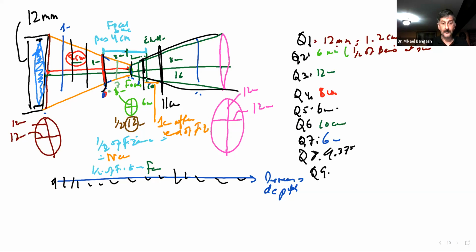Because what is the diameter of the beam at a distance 1 centimeter behind or after the end of the focal zone? Just in a different way, which is 11 centimeters.